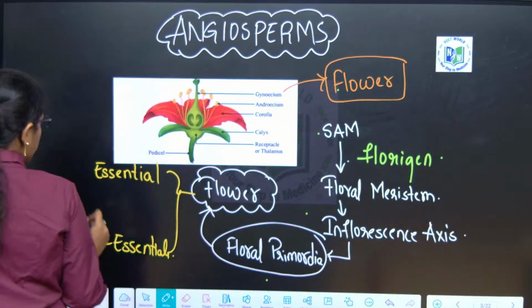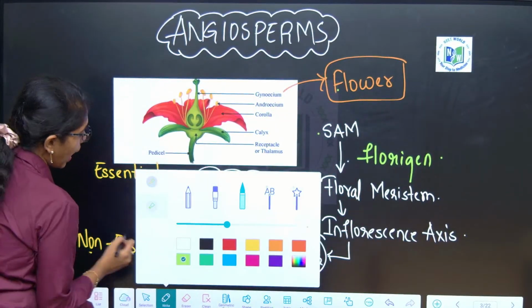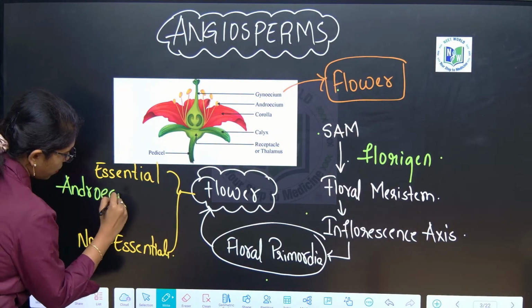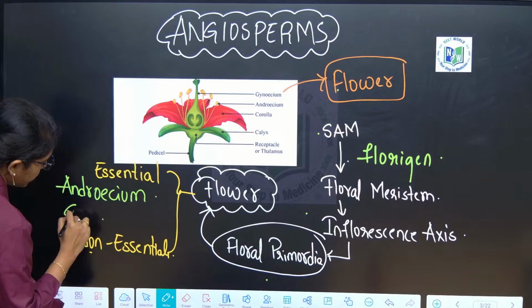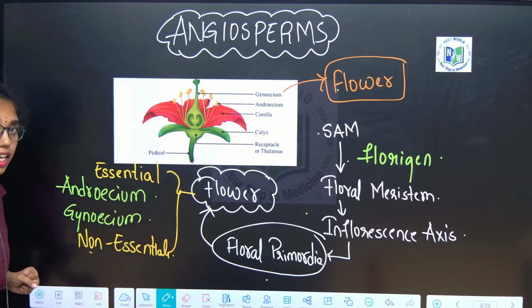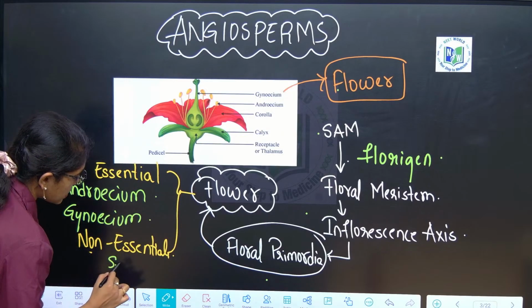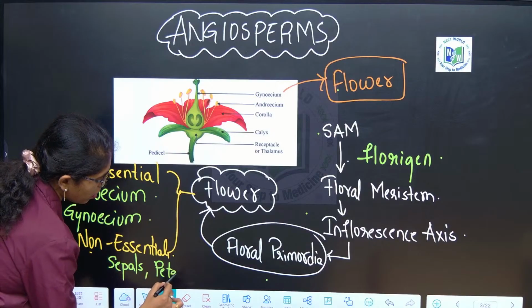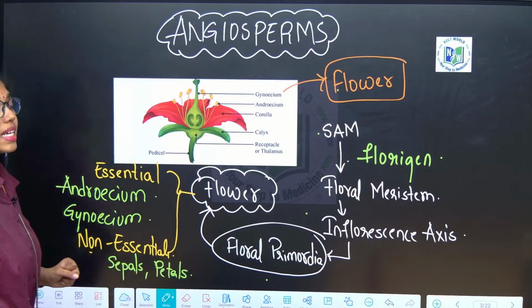Non-essential whorls include sepals and petals.